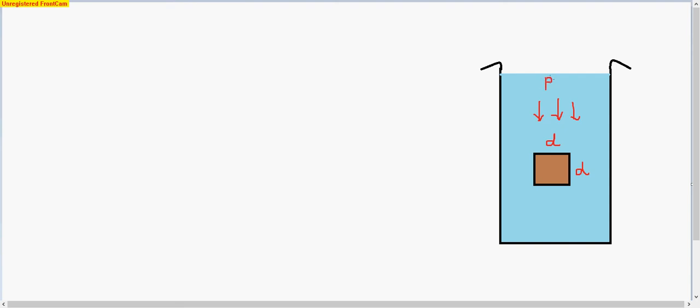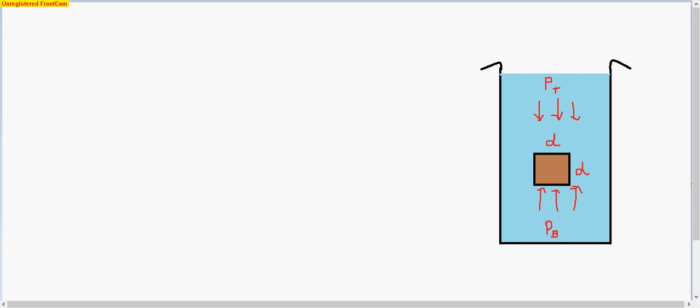Okay, we'll write this pressure as PT, pressure top, and the wooden block will also experience a pressure on its bottom. See, pressure is a scalar, so it has no direction. We'll have a pressure over here also, so that will be PB, pressure bottom.